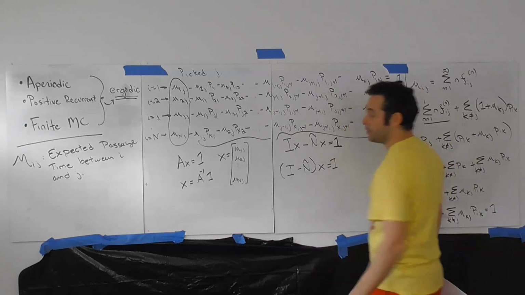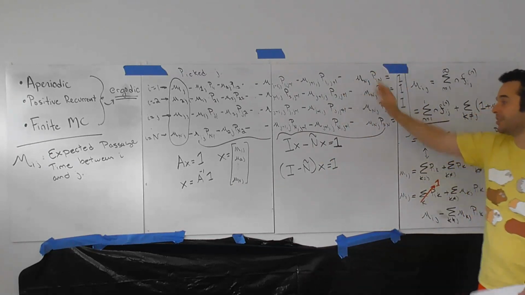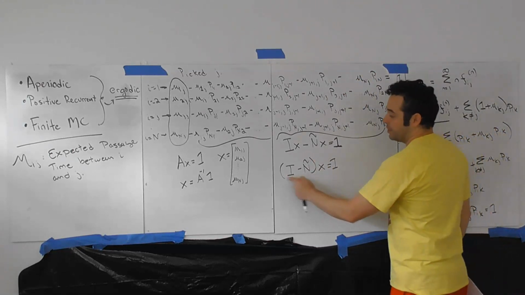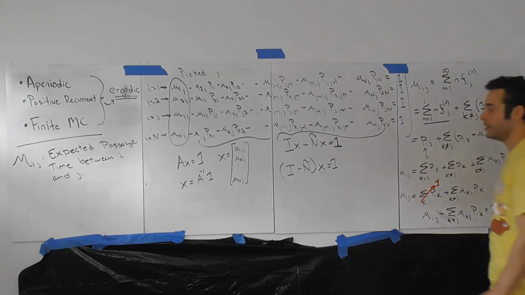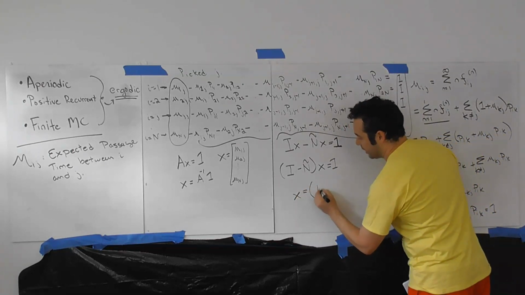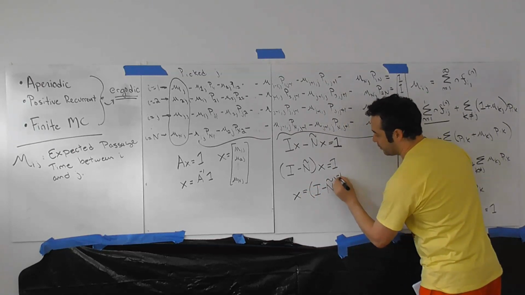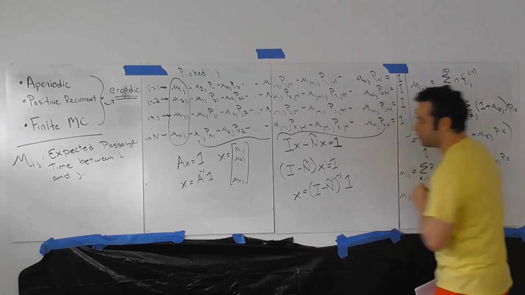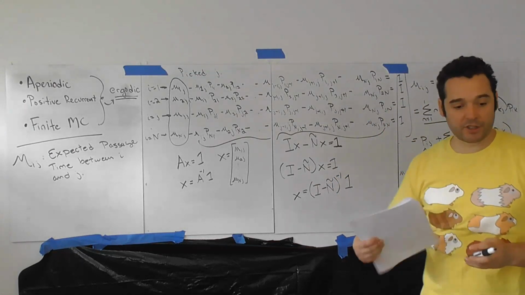And so this is the form that we want it in. And again, we have n equations with n unknowns. This matrix is going to be full rank. Right? So we can just say x is equal to I minus N tilde inverse times a vector of 1s. Okay, so what does this N matrix equal to?